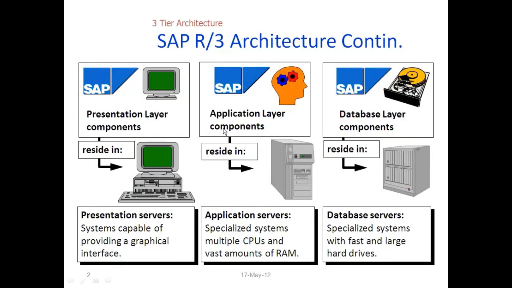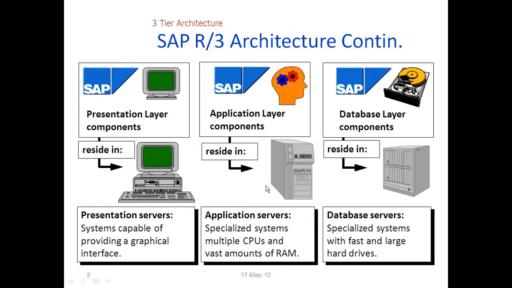All the applications reside in the application server. When I say application, all your SAP MM transactions, all your SAP FI, CO, SD, whatever business transactions you carry out in day-to-day business operations, they are all called applications or application components. They reside in the application server.